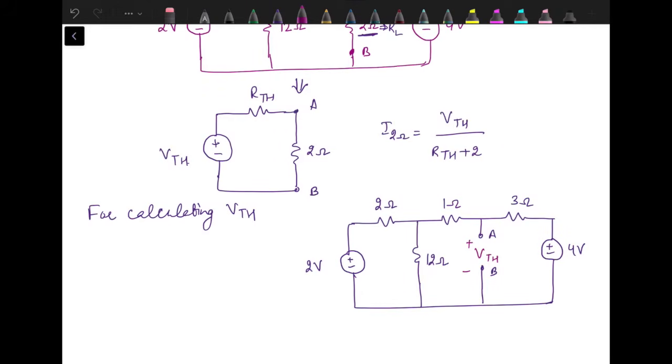Now how to find this voltage? It's our choice. We can apply any method whichever is convenient. We can apply nodal analysis by considering this as one node, this one as reference, and find the voltage over here. Then we need to find the current through this branch.